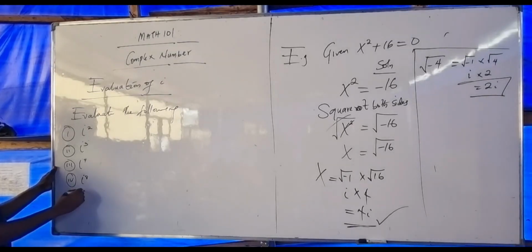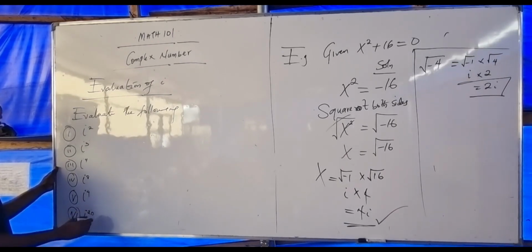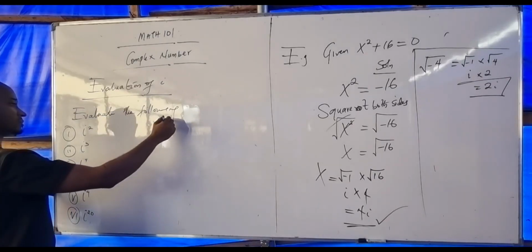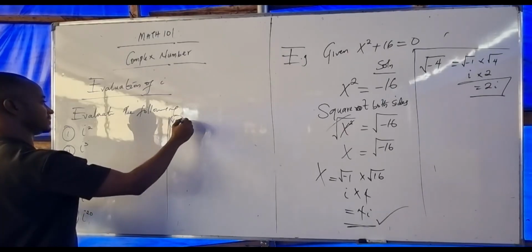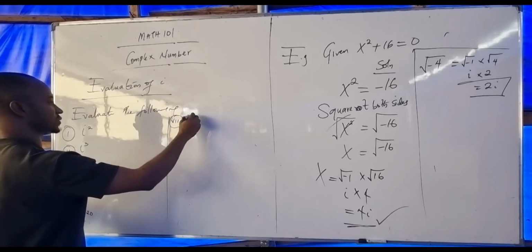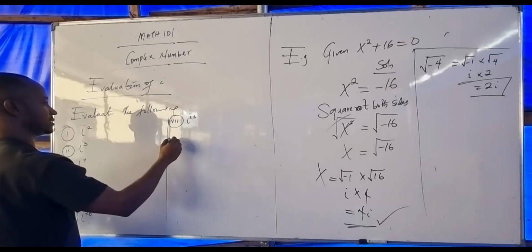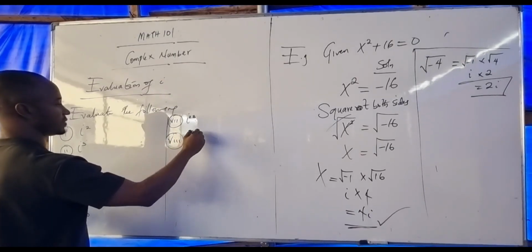Number 5, i raised to power 9. Number 6, i raised to power 20. Number 7, i raised to power 21. Or let's say 23. Then i raised to power 41.